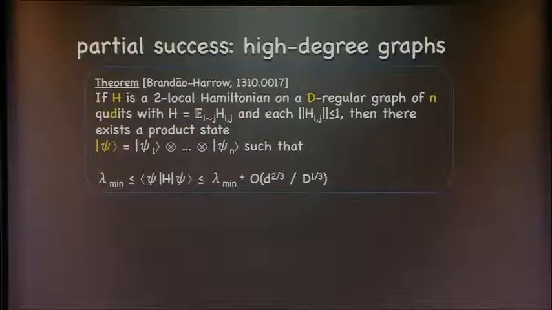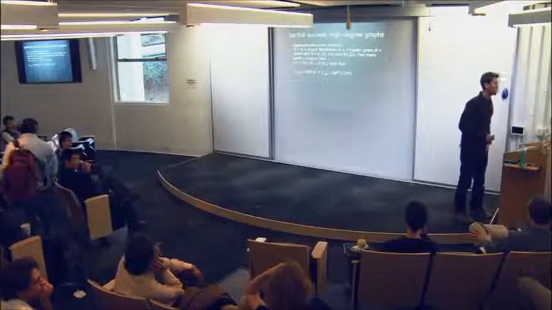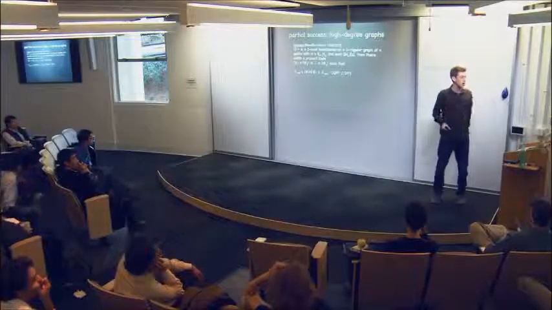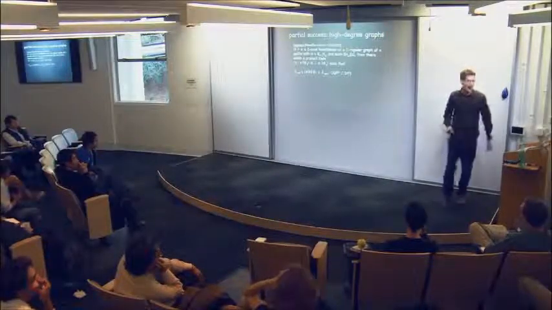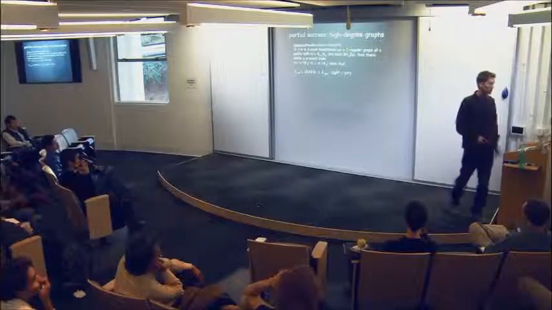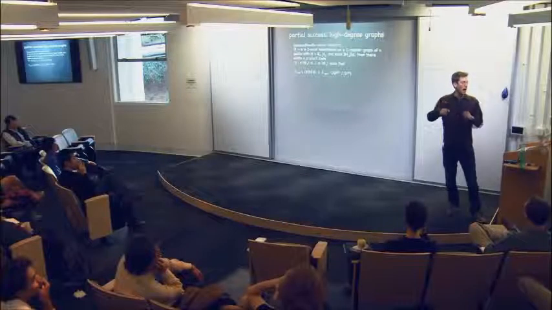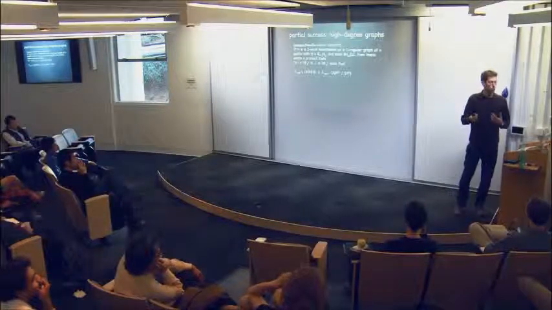So lambda min here is about of the order of n? Lambda min is on the order of 1. That was the purpose of the PCP style normalization. The Hamiltonian is an average of local terms. Each h sub ij is a term interacting qubits i and j, and it has norm at most 1.